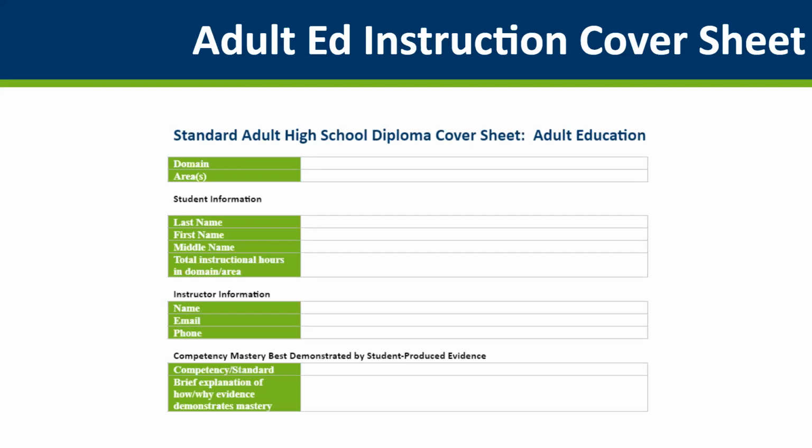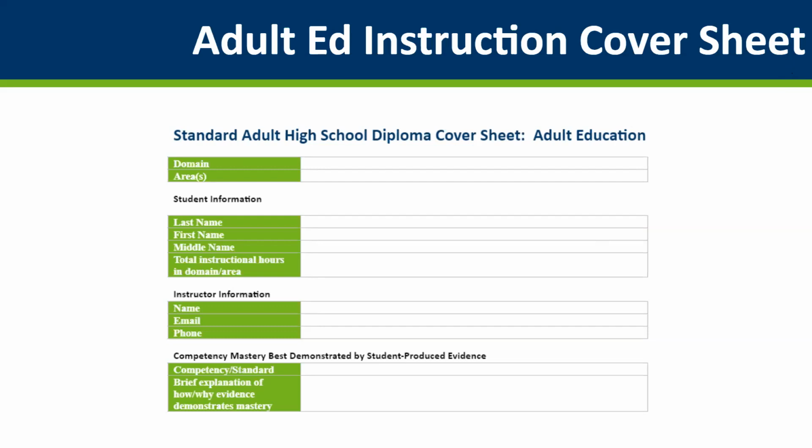I want to back up and address a couple of questions that have come up so far. I know that someone asked in the chat about science standards and social studies standards. Just a reminder that the competencies for the standard adult diploma are what we are aligning to.